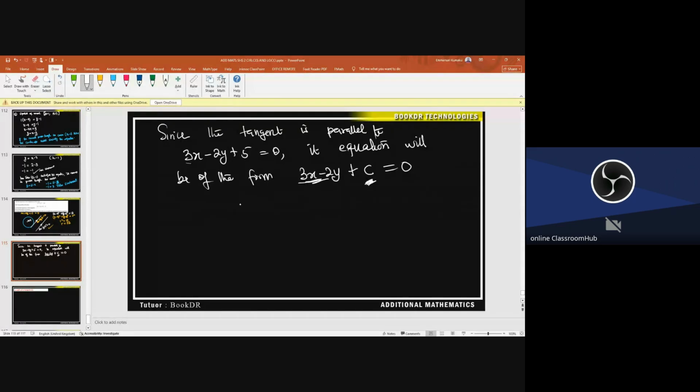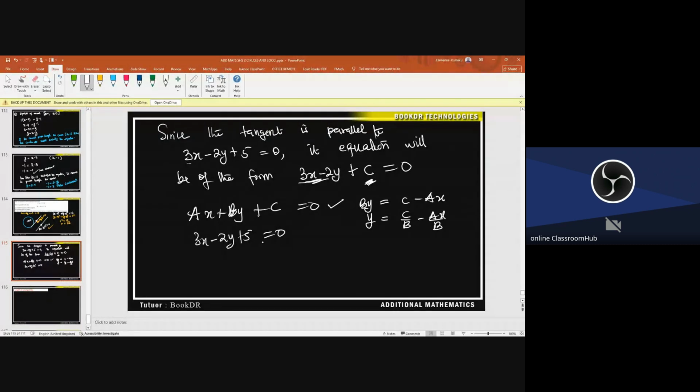For example, if I want to write the tangent equation, ax plus by plus c is equal to 0, and then write this one as 3x minus 2y plus 5 is equal to 0. If we want to express this one in the gradient intercept form, you have by is equal to c minus ax. Then we divide through by b. So c over b, then minus ax over b.